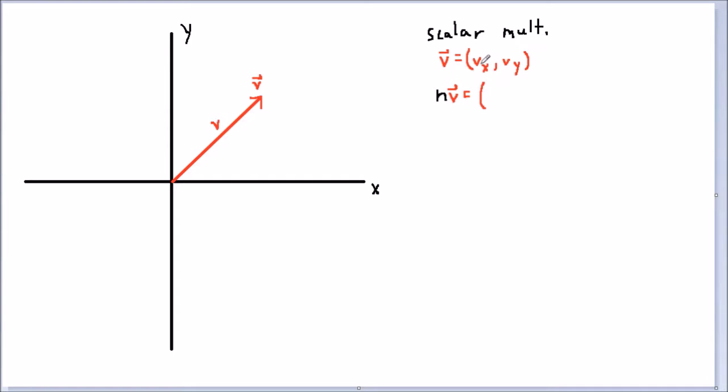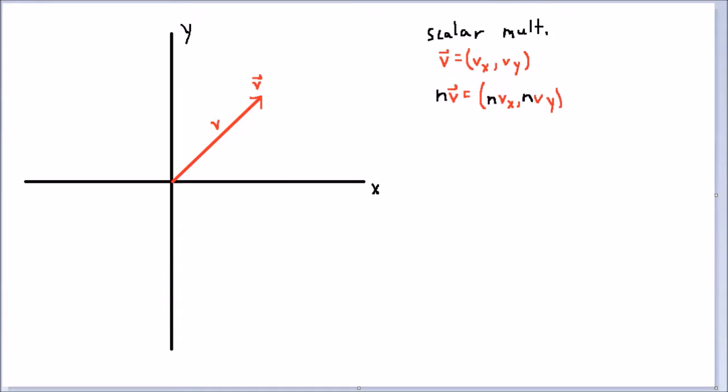We can get this new vector by just multiplying each individual component of the original vector by the scalar n. So for instance, n times the vector v is just going to be: the x component of the new vector is n times v sub x, and the y component is, as you might expect, n times v sub y.